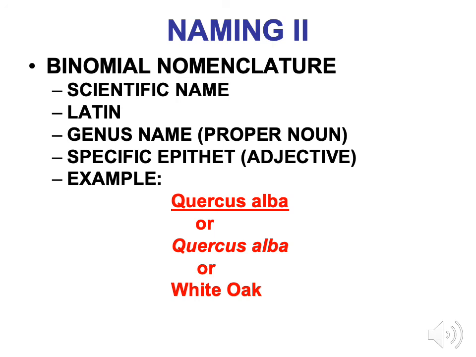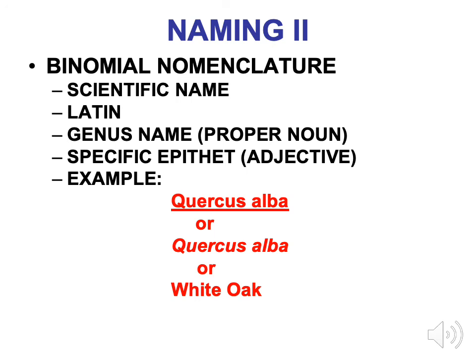One more comment about binomial nomenclature and scientific naming has to do with the potential for confusion that arises when we rely on common or local or colloquial names. So, for example, you'll see here that the name white oak is the common name for Quercus alba.